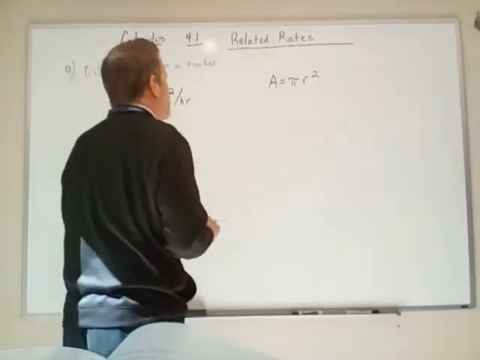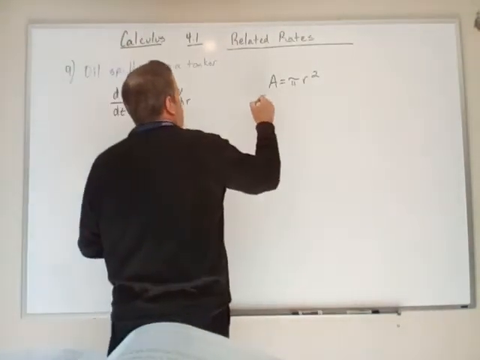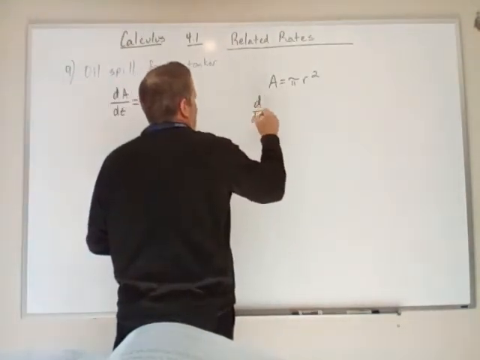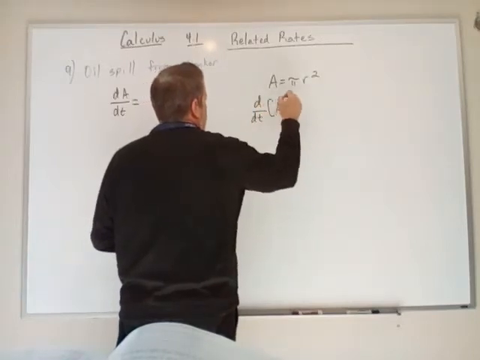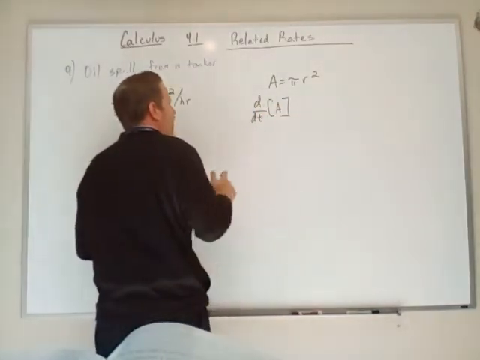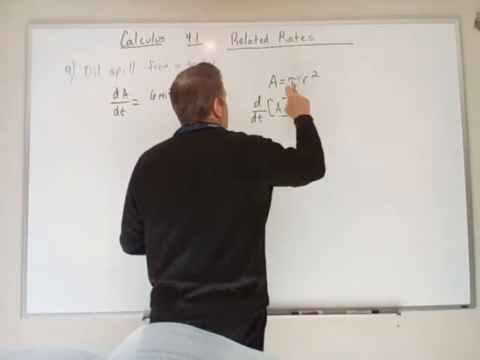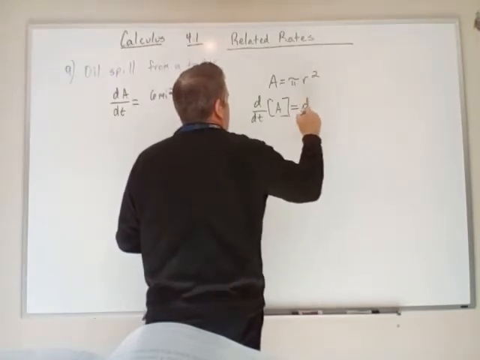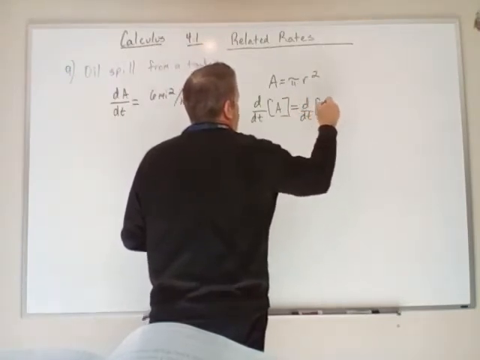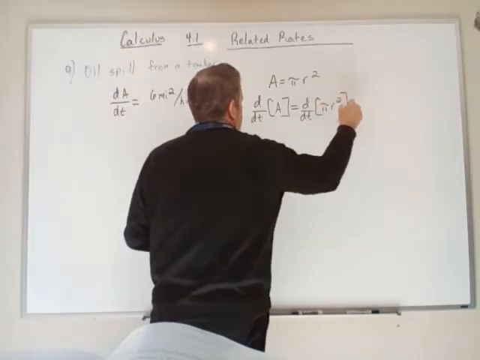So when we take this derivative, I'm going to take the derivative of everything with respect to t. I'm taking the derivative of the area with respect to time, and the derivative of pi r squared with respect to time as well.